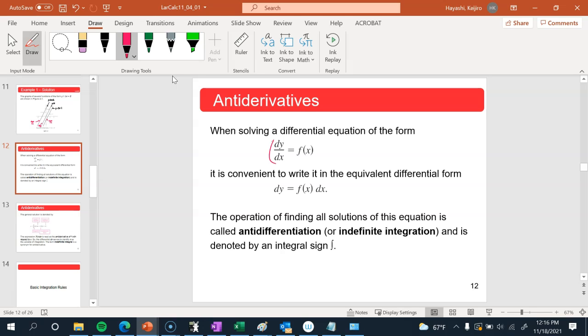So if you take this, and this is technically not a fraction, but if you sort of pretend it is for a second, and multiply both sides by dx, this will cancel out, and you'll be left with dy equals little f of x dx.